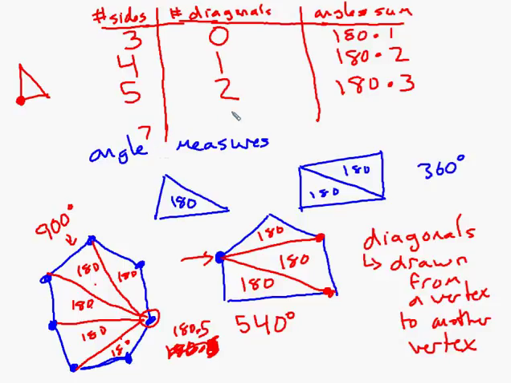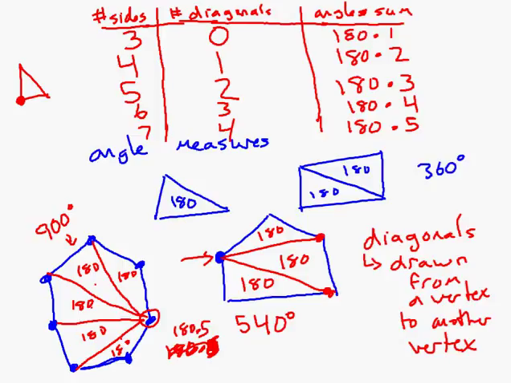So 7 sides, how many diagonals do we have? 1, 2, 3, 4 diagonals. And we did 180 times 5. Okay? So let's guess what 6 would be. If I had 6 sides, how many diagonals do I have? 3. And I have 180 times 4.